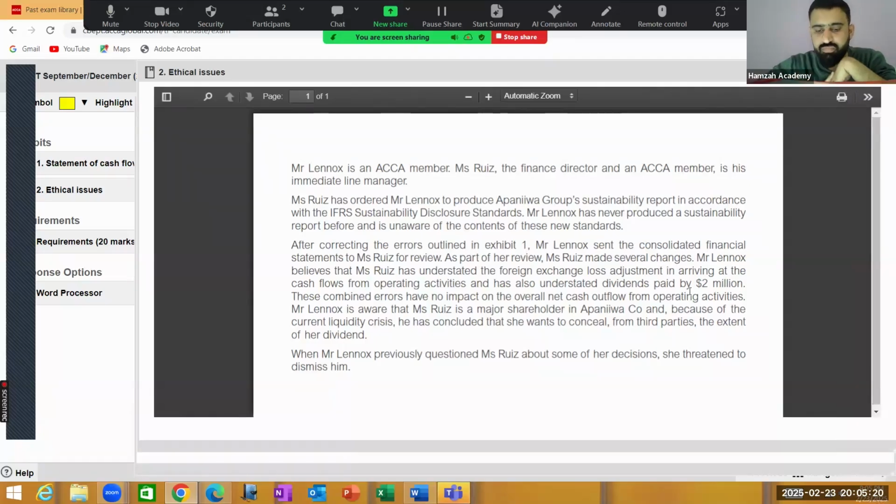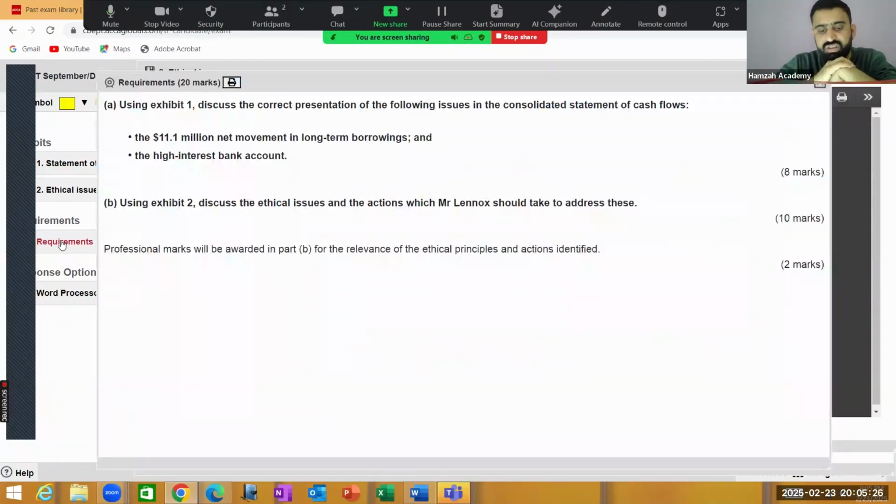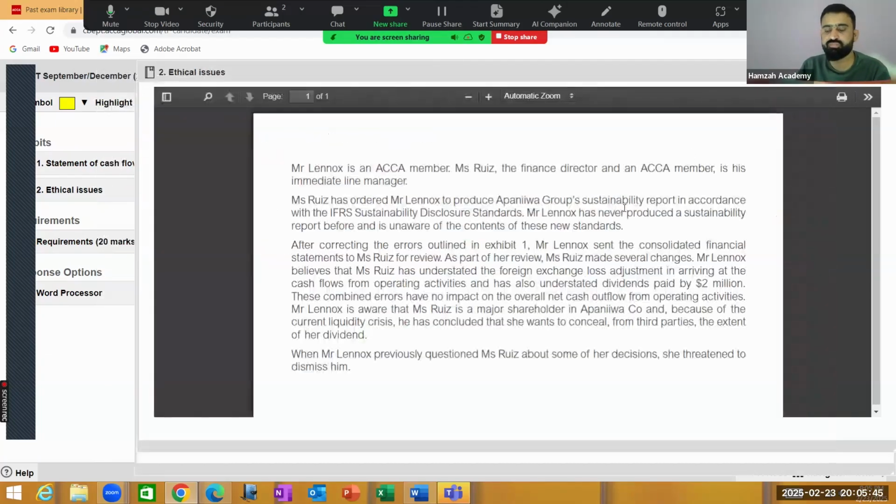Now, what's the requirement? Using Exhibit 2, discuss the ethical issue and the action which Mr. Linonix should take to address this. Now, what ethical issues do we have here?